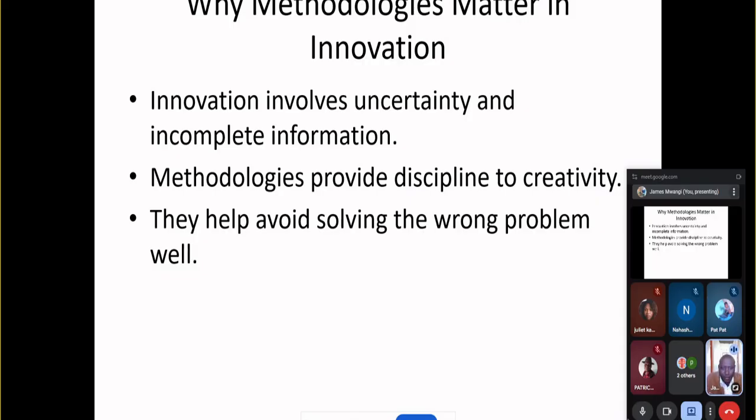You need electricity, the pumps, and everything. A lot of unnecessary expenses. So you are solving the wrong problem very well. That is because you have not understood the problem very well. You have to understand the problem, and you have to have discipline in your creativity.